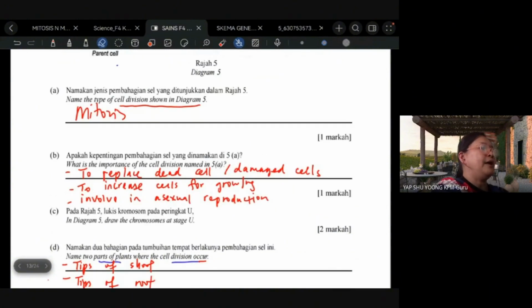What is the importance of the cell division in 5A? What's the importance of mitosis? To replace the dead cell, to increase the cell for growing, involved in the sexual reproduction.